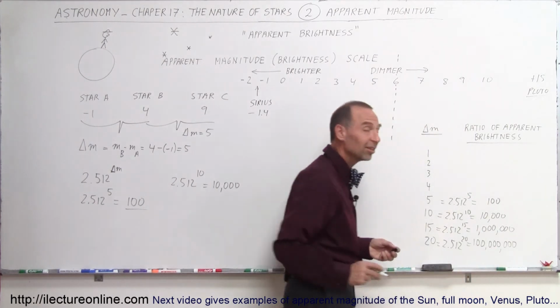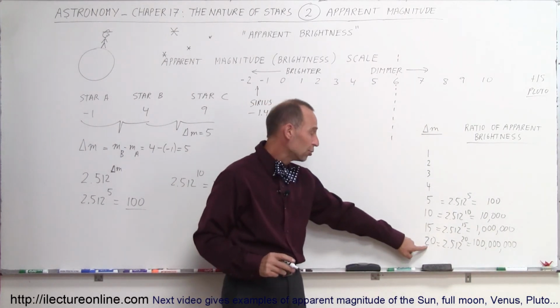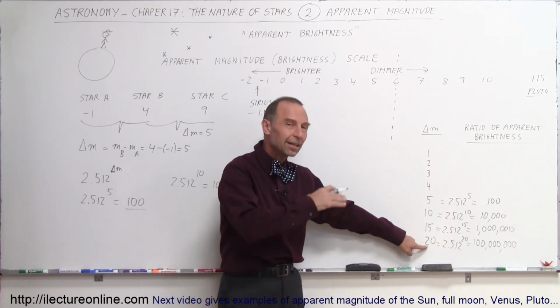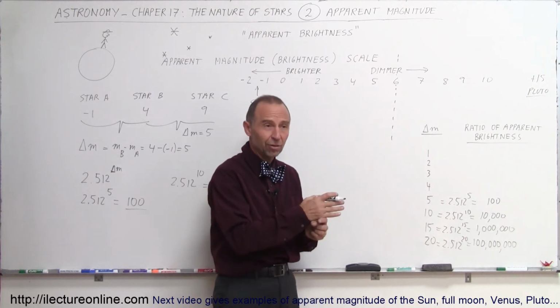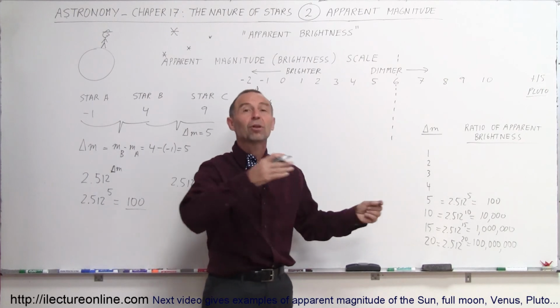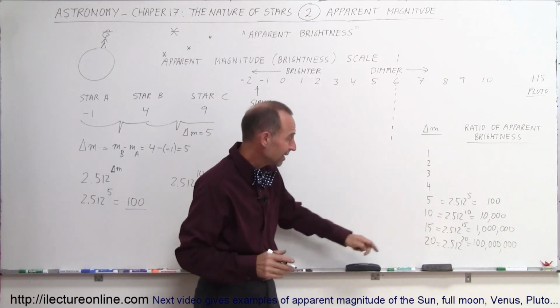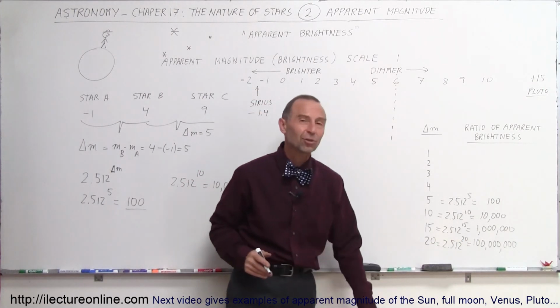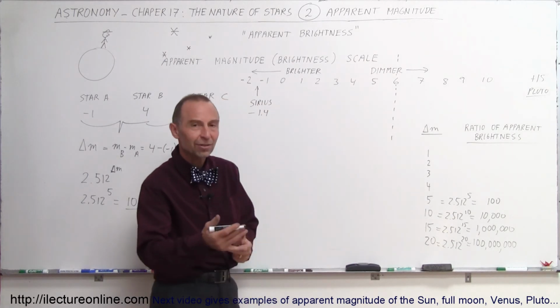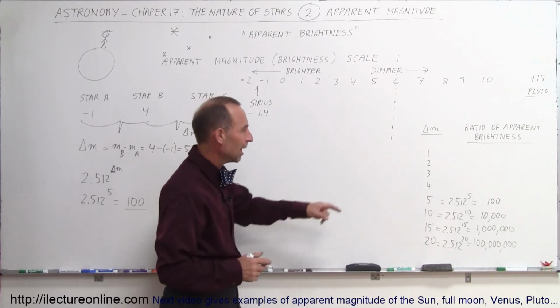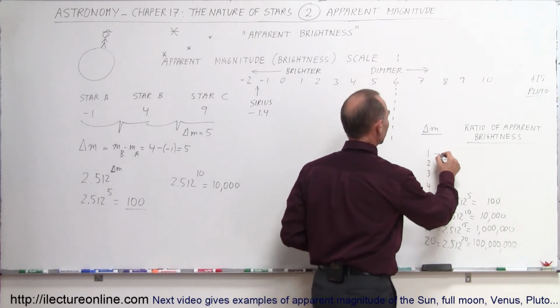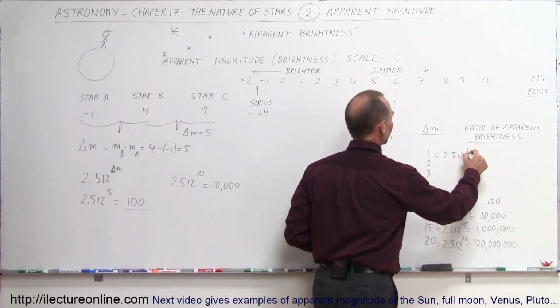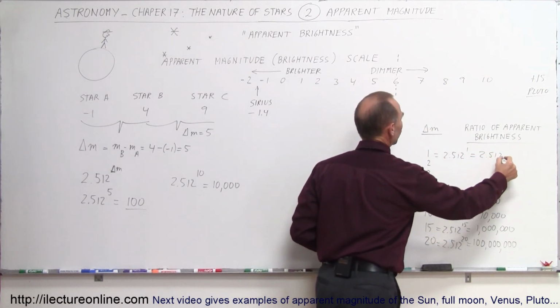So if you have two objects in the sky, one that has a magnitude that is 20 greater than the other, for example, a plus 1 and a plus 21, that's a difference of 20, then one would be 100 million times as bright as the other, or the other would be 100 million times as dim. Now, of course, 1 would be equal to 2.512 to the 1st power, which is 2.512.